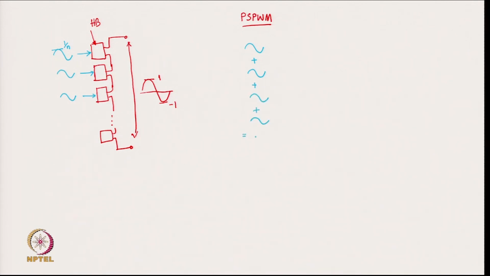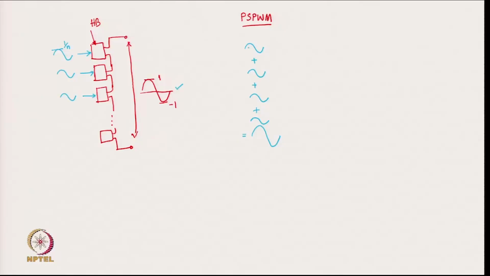So, that we at the end get a big sine wave, which is this waveform here. So, each H-bridge is producing 1/n times the amplitude of the required waveform at the output.